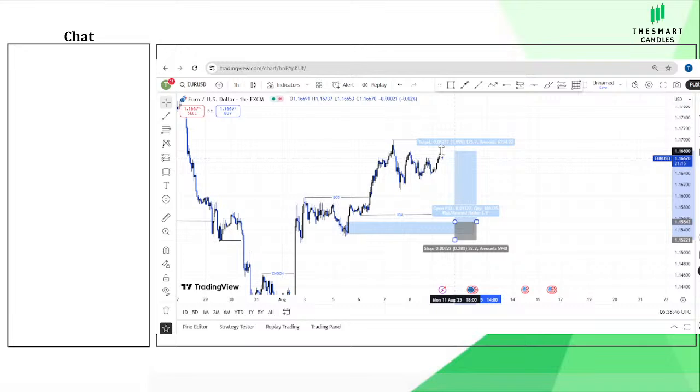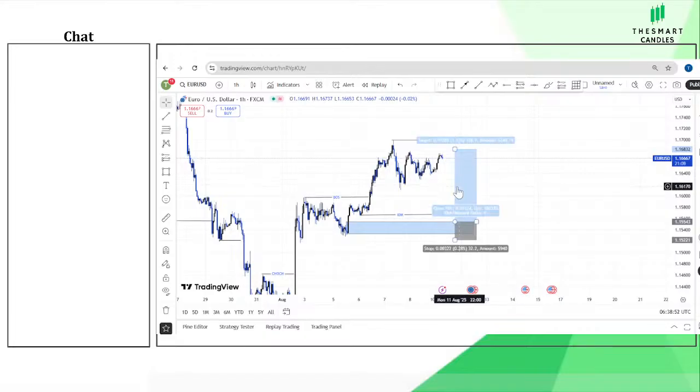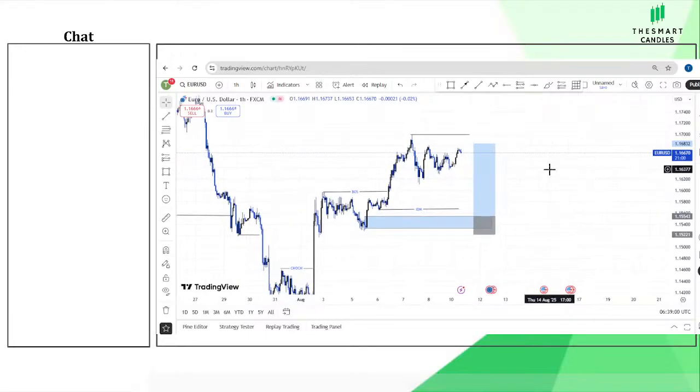So looking at this, this is 1:4. So this is what we should have as our trade entry. So this is the price action for EU.